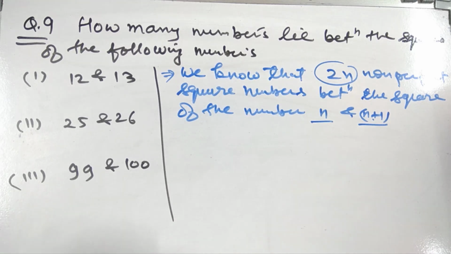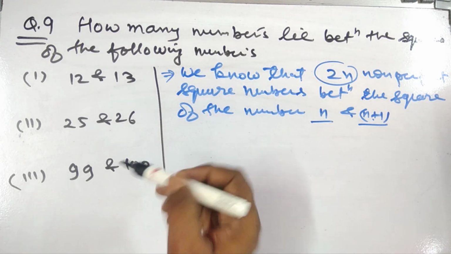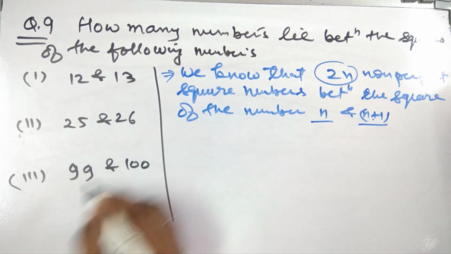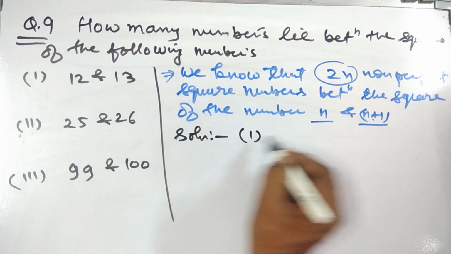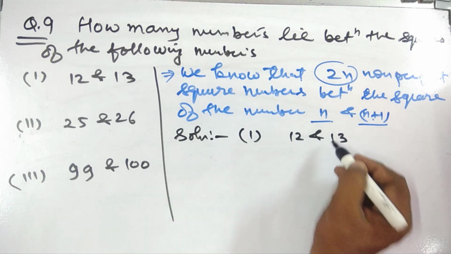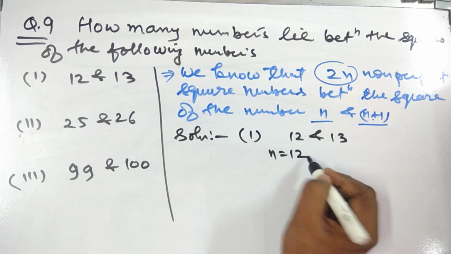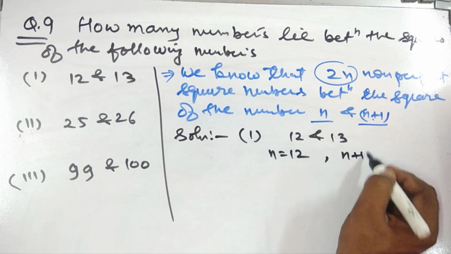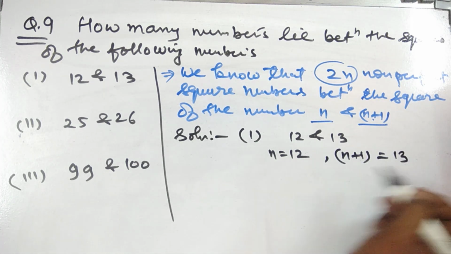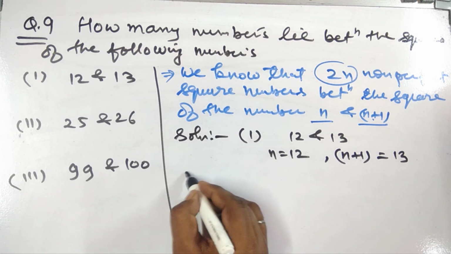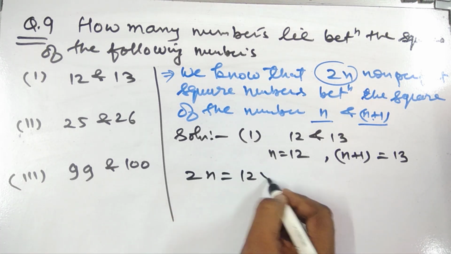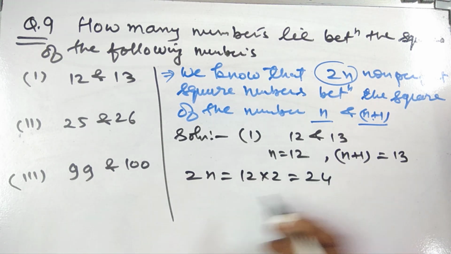So students, here in the first one, 12 and 13. So n is equal to 12, n plus 1 is equal to 13. Then 2n is equal to 12 into 2, 24.